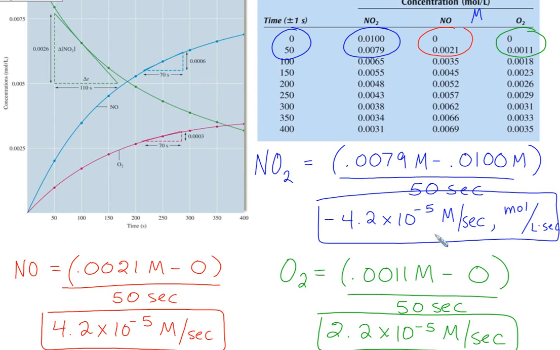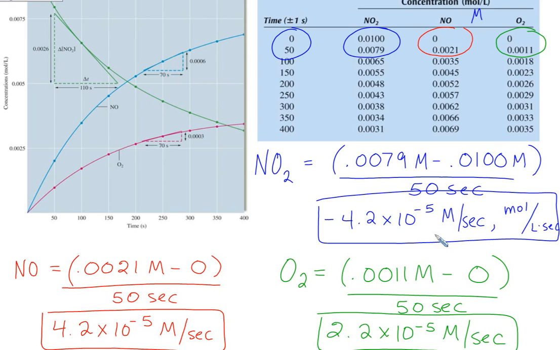They make sense. The only difference is that we have a negative reaction rate for that reactant, the nitrogen dioxide, which really just means that the concentration is decreasing over time. They're changing by the same rate, but the reactant is decreasing in concentration. The product is increasing. Interesting.